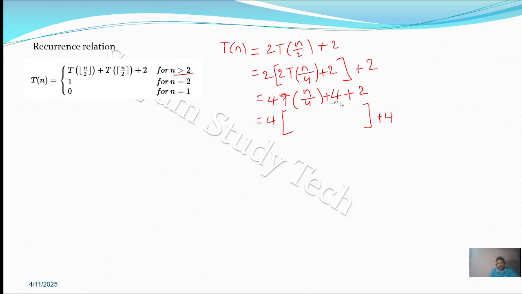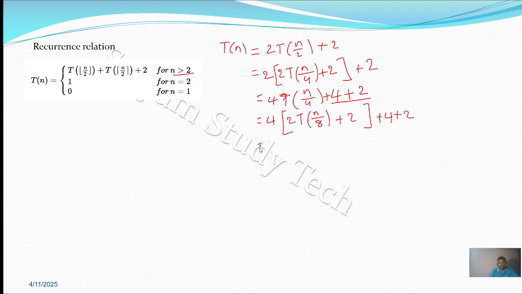Here it is 4 plus 2. In place of n, you can substitute n/4, that is 2T; in place of n/4, that is n/4 into 2, that is n/8, plus 2.